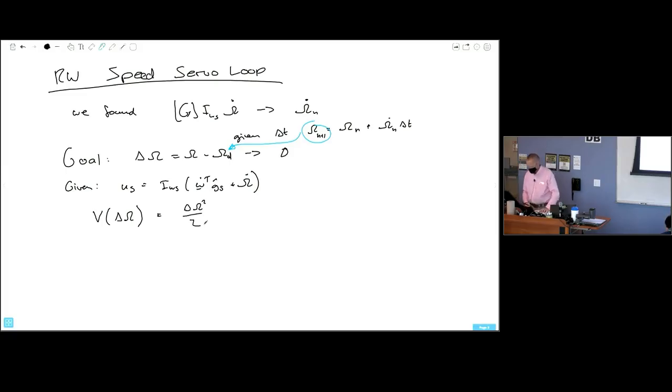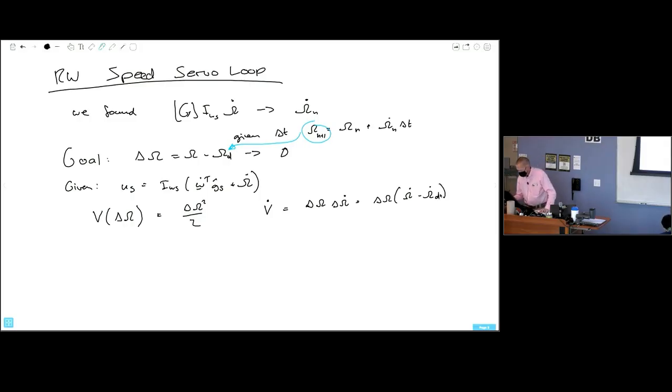That makes life easy. Then if we take the derivative, you're going to have delta omega... I was thinking two steps ahead. Delta omega dot, which is delta omega times omega dot minus omega desired dot.